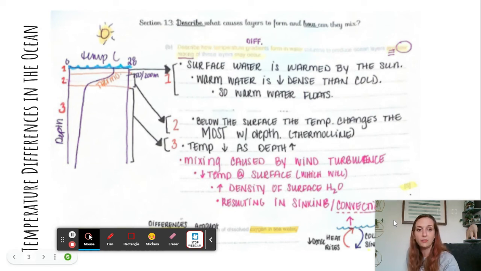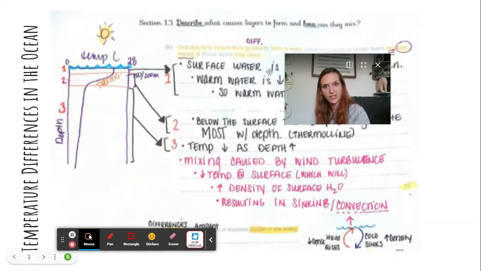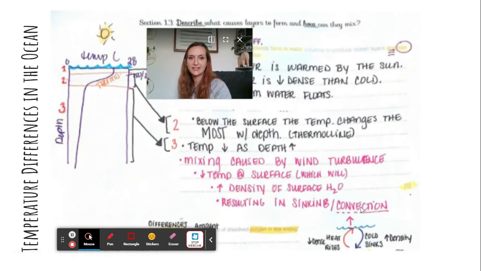And then there's another term here from this mark scheme, and it's convection. You already know convection. Convection is like what happens in an oven. Ovens heat from the bottom, so it's a convection oven. If you guys are pretty good at earth and space science, convection happens in the mantle of the earth with magma.